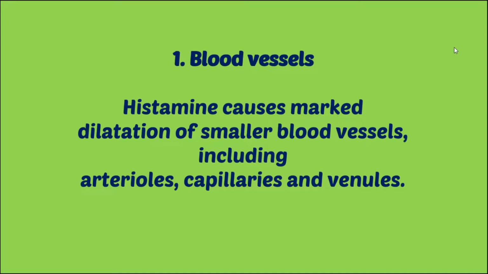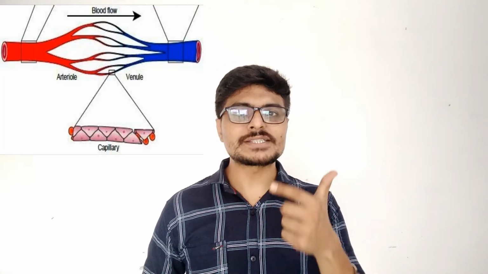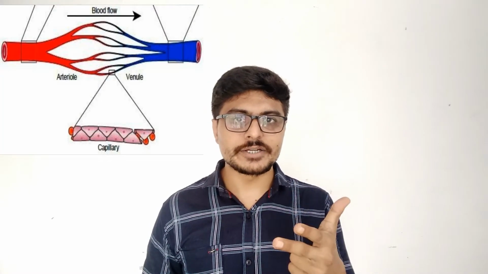So histamine causes marked dilation of small blood vessels including arterioles, capillaries and venules. Now note this part. Histamine is causing vasodilation, but vasodilation of only small blood vessels, not large blood vessels. It is specified that small blood vessels like arterioles, capillaries and venules are dilated. Now take an example of mosquito bite.